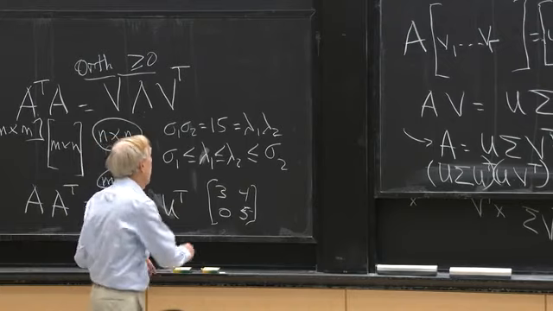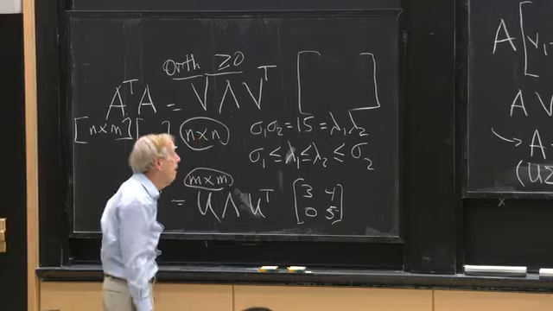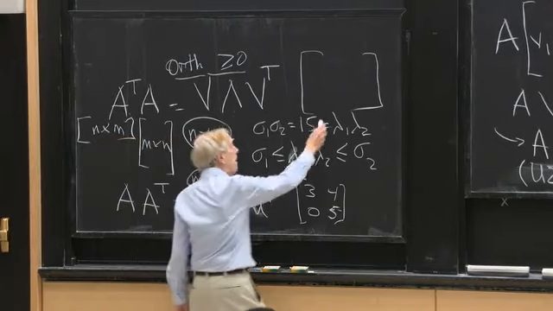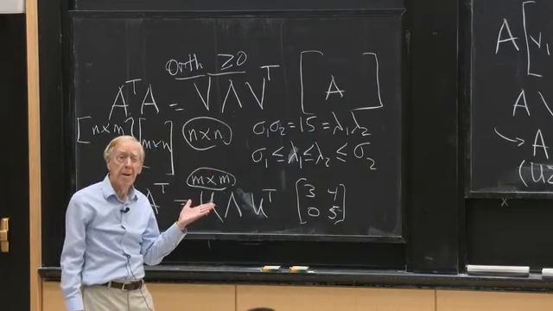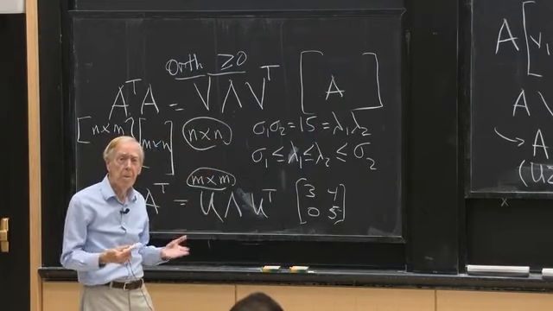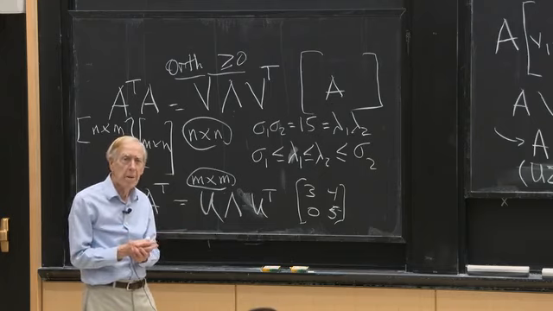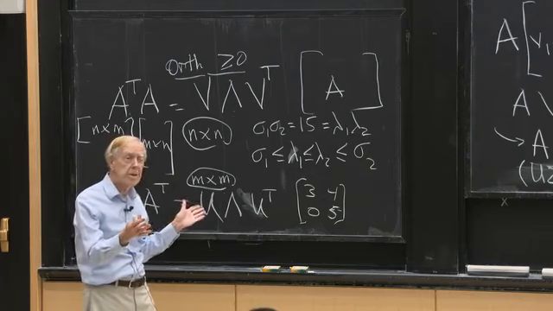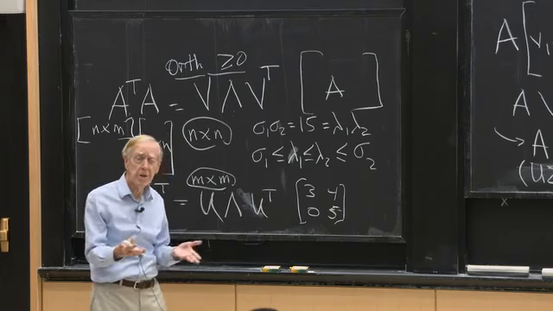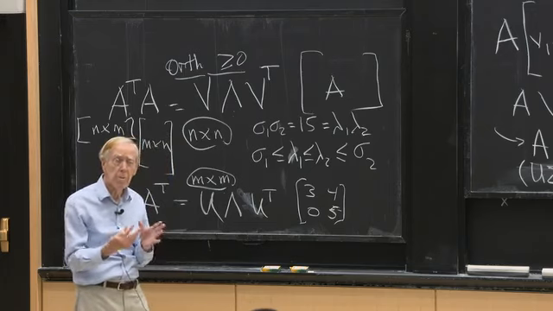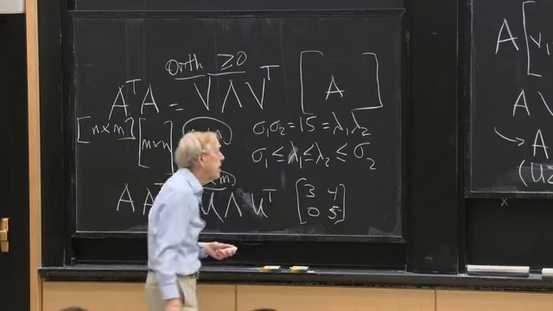If I have a big matrix of data, A, and I want to pull out of that matrix the important part. So that's what data science has to be doing. Out of a big matrix, some part of it is noise, some part of it is signal. I'm looking for the most important part of the signal here.